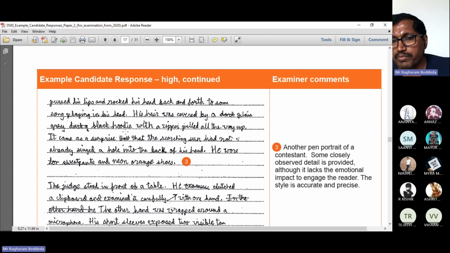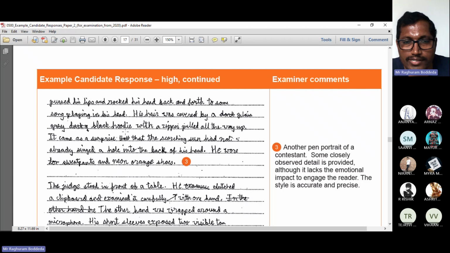That made some sort of surprising element for this writer, and he wore sweatpants and neon orange shoes. So the description of how the personality looked and what the contestant was wearing, the dresses, the colors and all these details, is an element of description that smoothly drives us toward the first contestant and the second contestant.